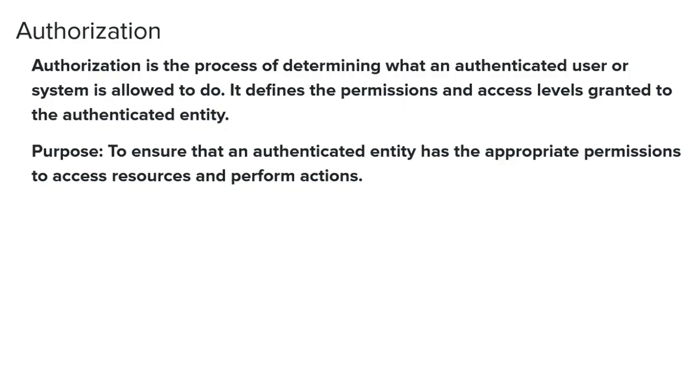perform actions. Let's take an example: there is an application, and in that application there can be three types of user roles. Some users can be normal end users, some can be admin users. The admin users will have higher permissions than end users.